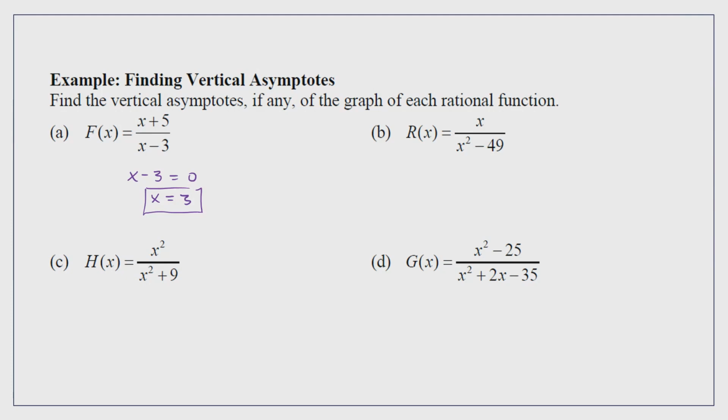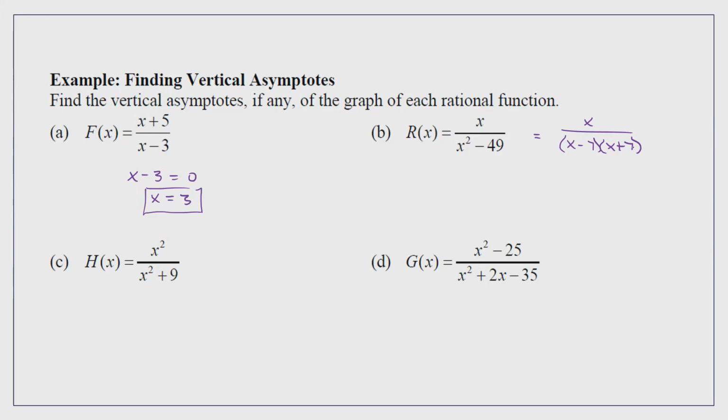For b, we have r of x equals x divided by x squared minus 49. Our denominator here is x squared minus 49, which is a difference of squares. So this could also be written as x divided by x minus 7 times x plus 7.